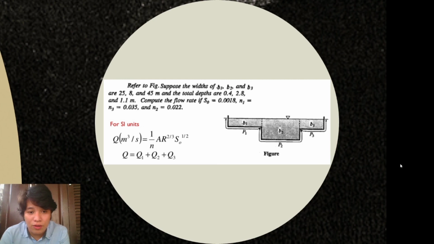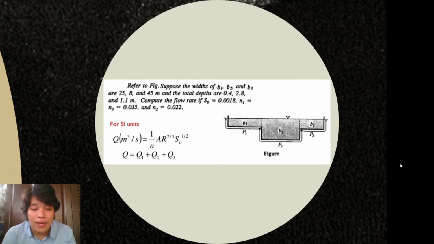We use the equation Q is equal to 1 over n times A R to the 2/3 times S0 to the 1/2. But since it is a continuous flow composed of three sections, we must first get the flow rate of each section so that we can get the total flow rate. Q is equal to Q1 plus Q2 plus Q3.